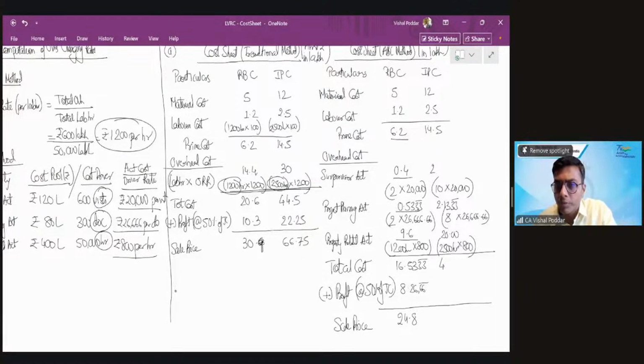One second. 14 to 18 is 38, not 48. So it is 38.63333.